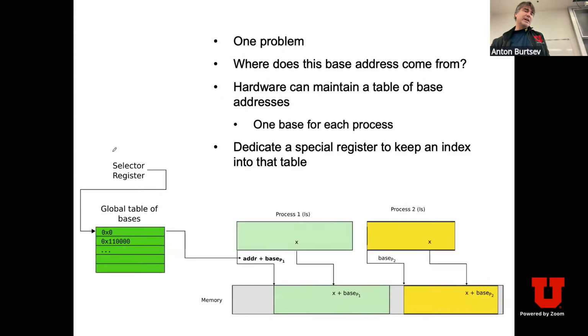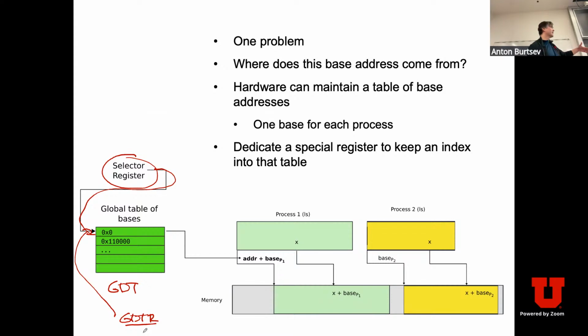So there is a new register called a selector register, which is nothing but an index in the table. The operating system configures the hardware register. This table is called the global descriptor table, or GDT, on Intel. And there is a hardware register, GDTR, which points to the base of this table. The operating system sets this register.